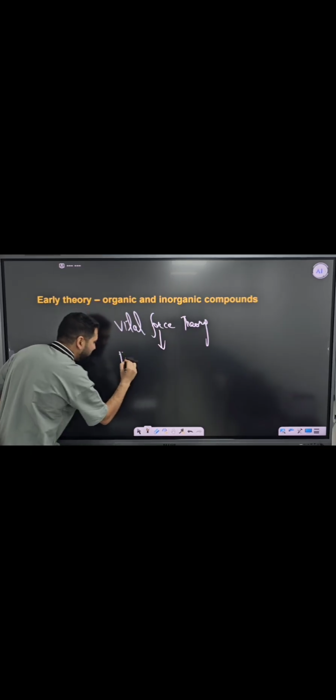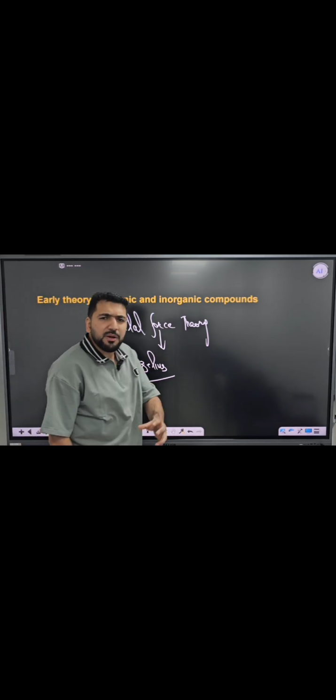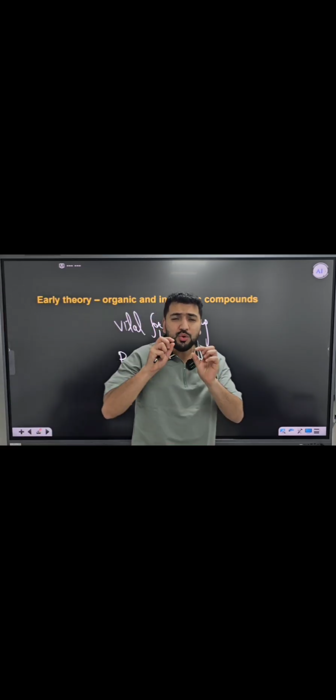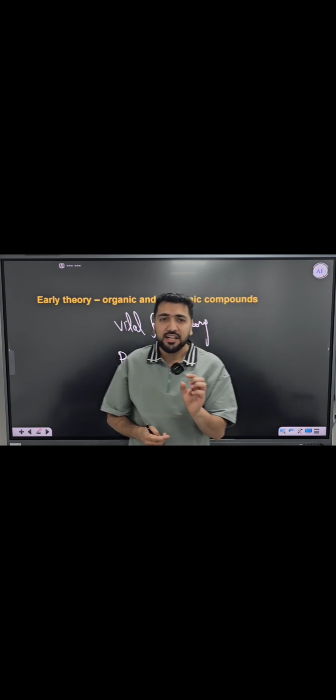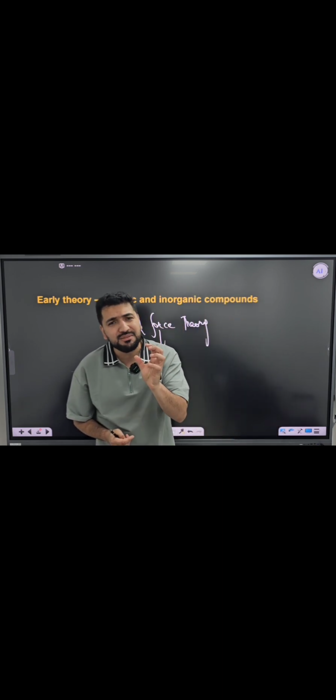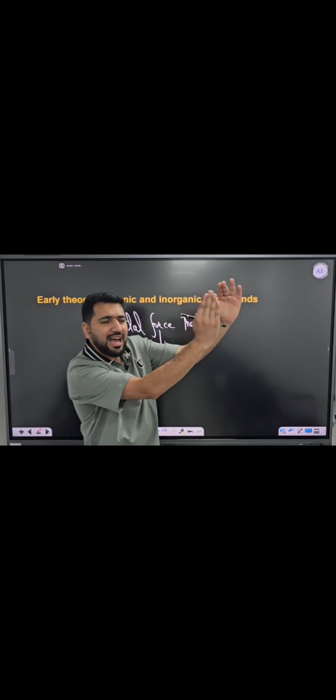This theory was given by Berzelius, right? As per the vital force theory, in order to prepare an organic compound, you actually need a vital force. In other words, in order to create an organic compound, we need a source from plants or from animals.